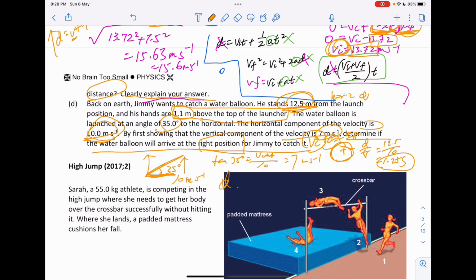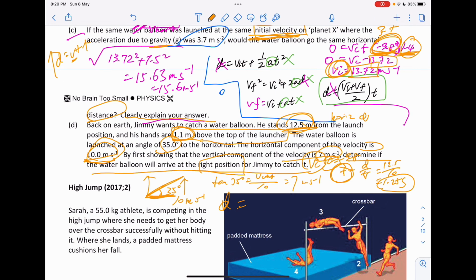It has to be approximately the same as 1.1 meters, because that's when Jimmy has his hands at the right position. So what's the one that has D, V, I, A, and T? That's the one.